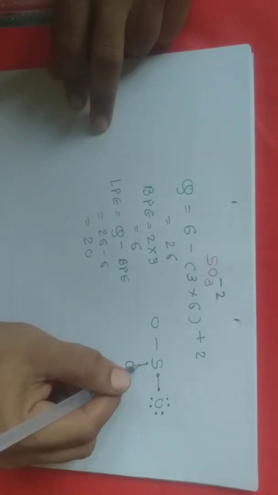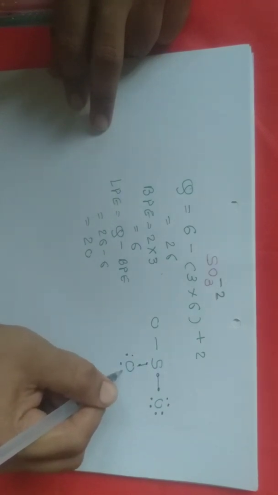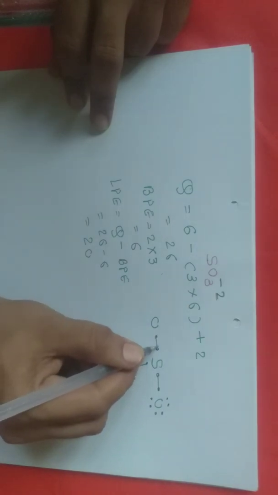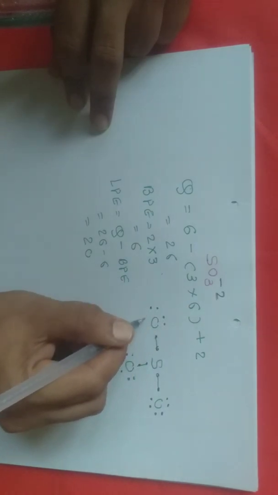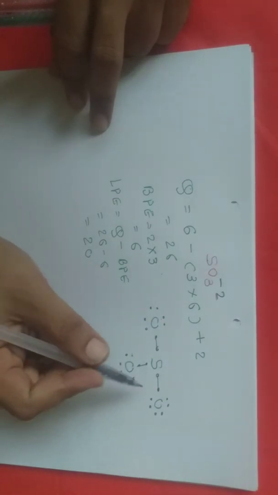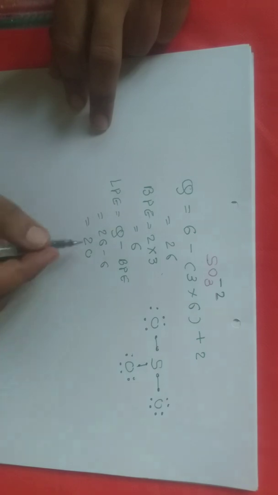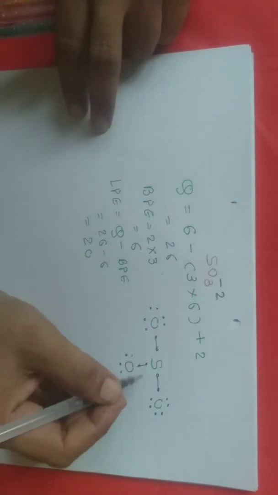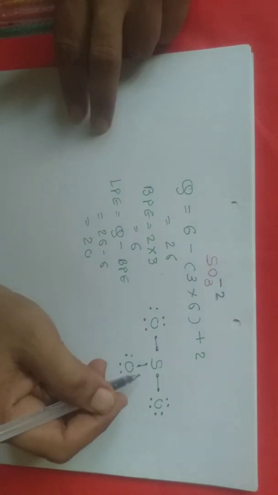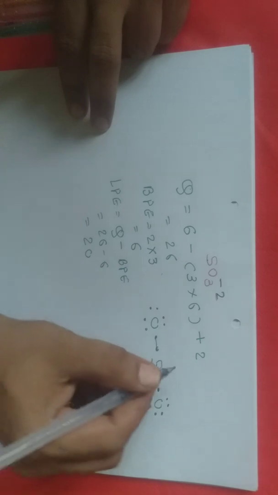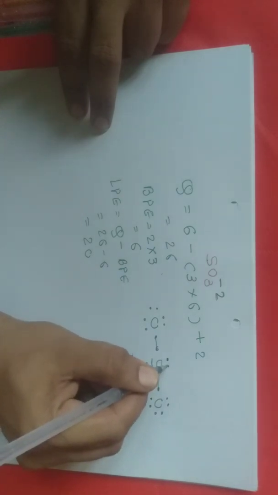Now 1 to 8, octet of this oxygen is also fulfilled. 1 to 8. Right? So 6 plus 6, 12 plus 6, 18. So out of 20, 18 electrons are used in maintaining the octet of all 3 corner atoms. Still I have 2 electrons, so I have to put these 2 electrons on the center atom.